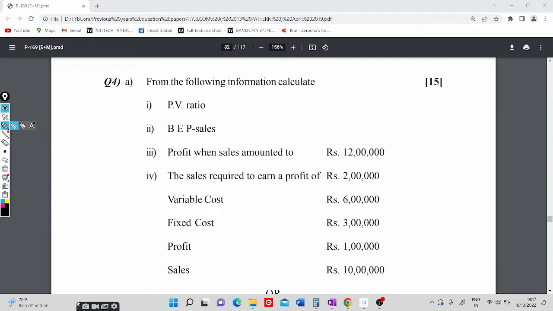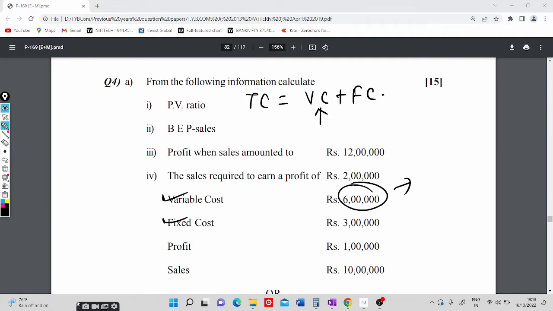First, we will understand that variable costs and fixed costs both together are total cost. Total cost is equal to variable cost plus fixed cost. Variable cost varies with the level of output. If the output or level of production is increased, the variable cost also increases.